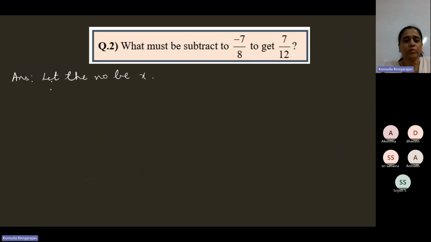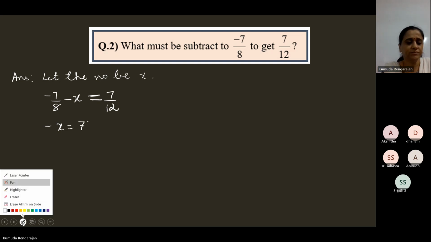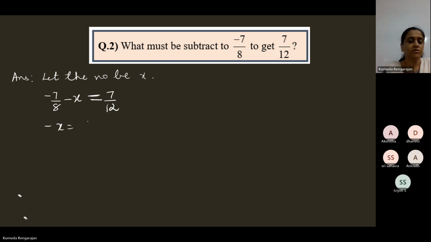So we have this rational number minus 7 by 8. What should you subtract so that you get the answer as 7 by 12? So minus x is equal to 7 by 12, transpose. 7 by 12 plus 7 by 8.